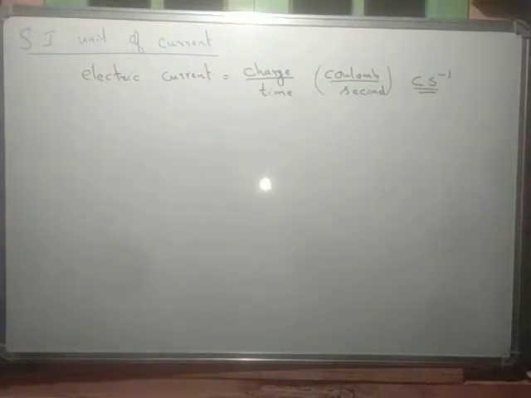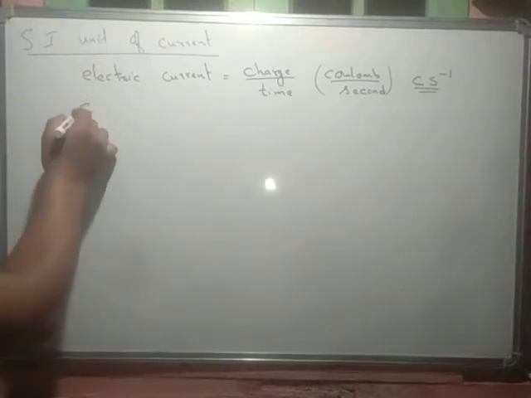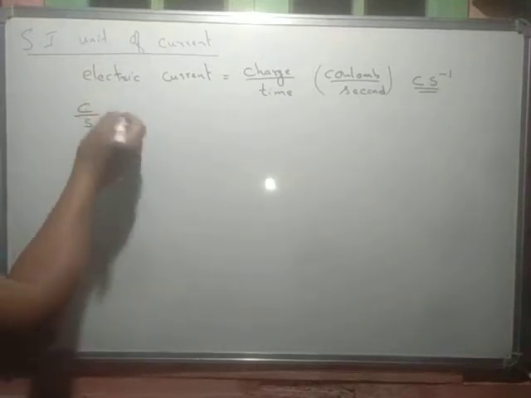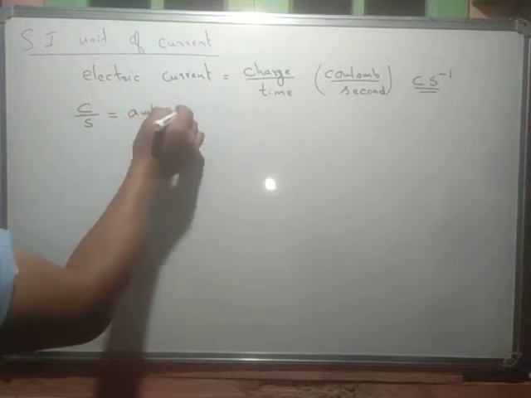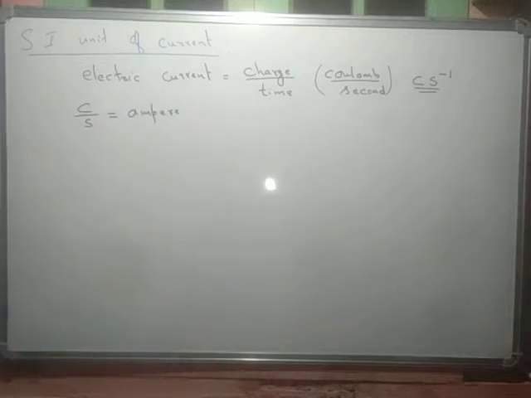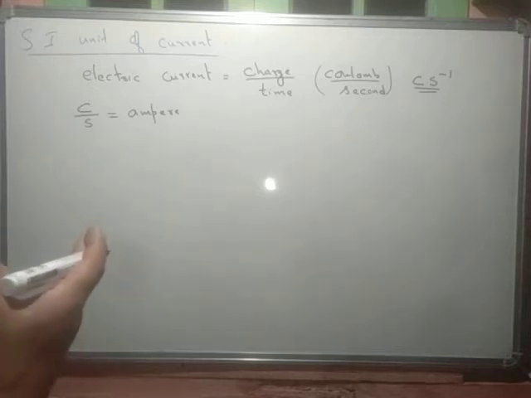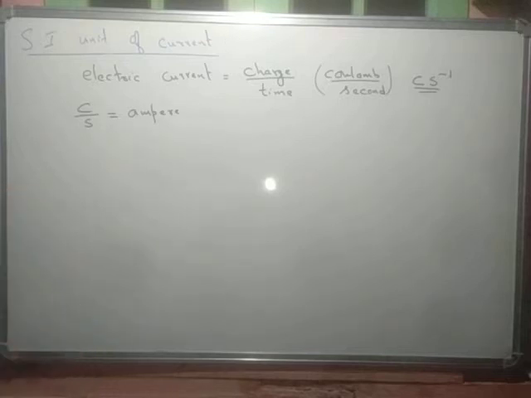But this coulomb per second is equivalent to ampere. Ampere is actually a scientist who first discovered this term electric current. So in order to remember his name, we are giving the SI unit in his name.